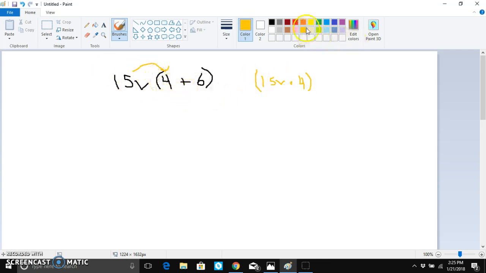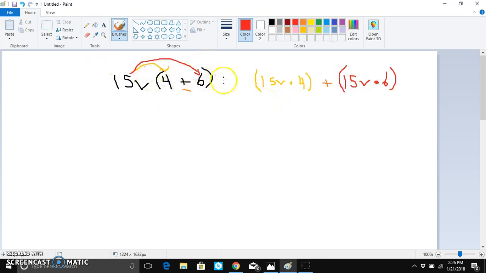Then the plus sign goes in the middle. And then we have to distribute the 15v with the 6, and that would create 15v times 6.